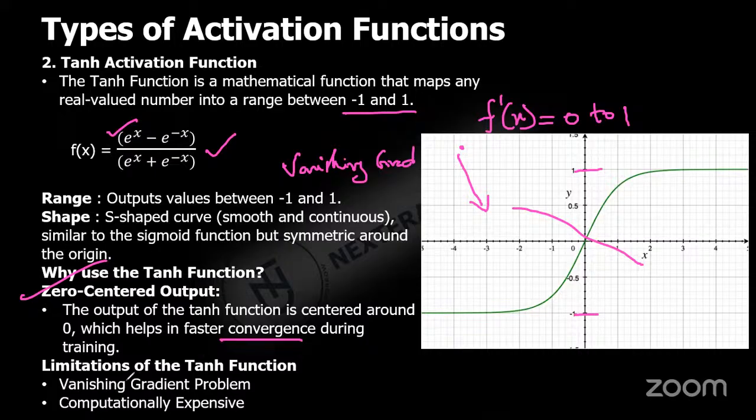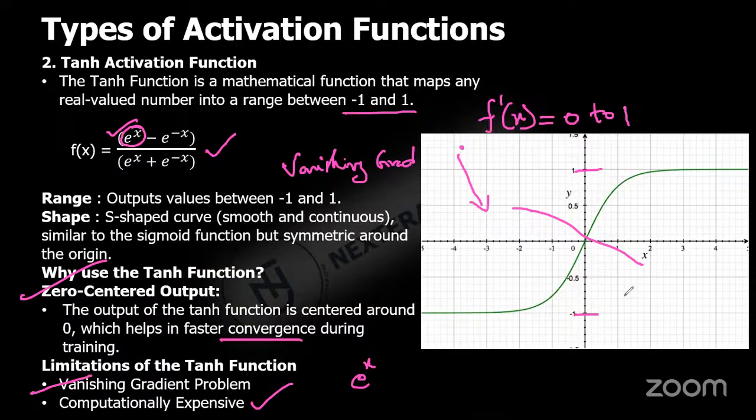And the limitations we have discussed: vanishing gradient, and tanh is also computationally expensive, guys. The reason is that it uses e power, exponential. The exponential of the value must be calculated, so that is why it is computationally expensive.